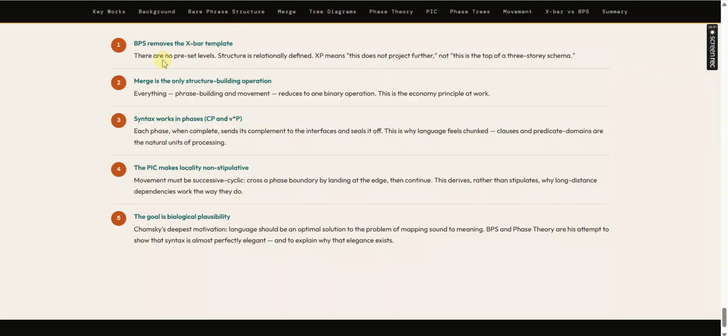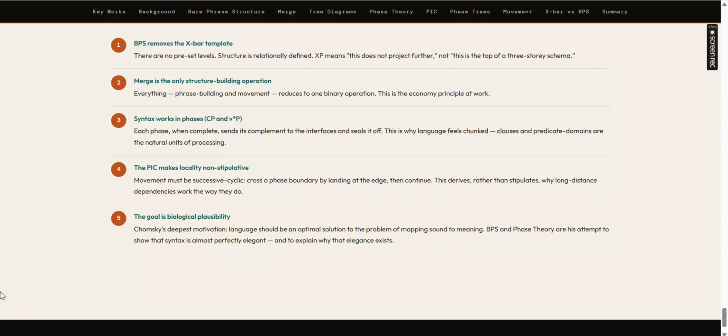Here are the key takeaways: BPS removes the X-bar template, then Merge is the only structure-building operation, then syntax works in phases CP and vP, no need for extra complicated phrases. Then PIC makes locality non-stipulative, movement must be successive cyclic.